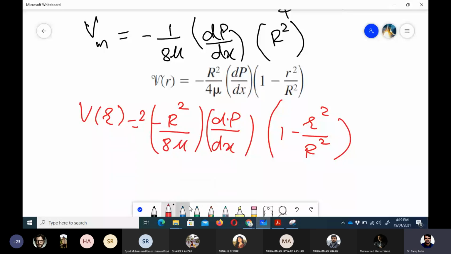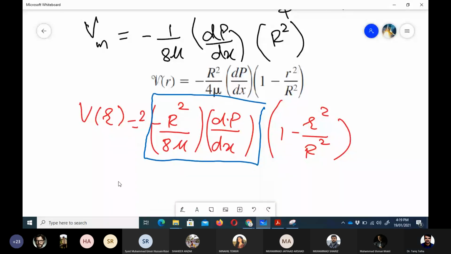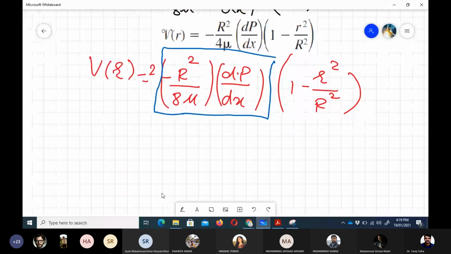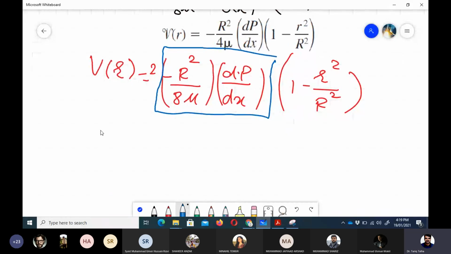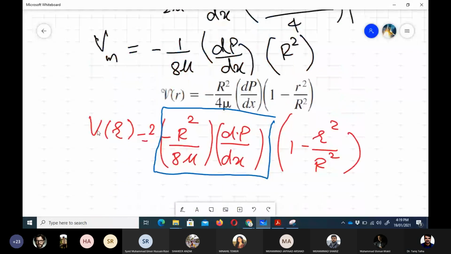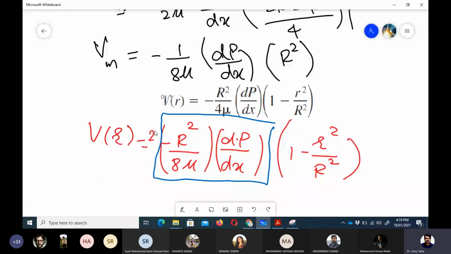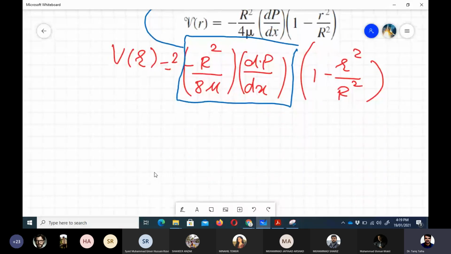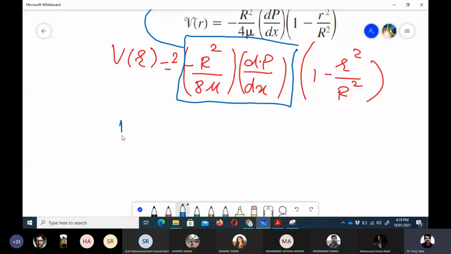Now this bit is equal to Vm, which we have already. This bit is the same thing which is written here, so we can replace it and say that V of R is equal to 2Vm into 1 minus r square upon R square.